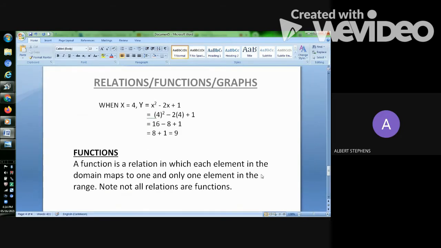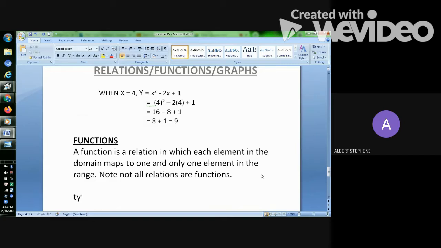All right, so I'm going to explain this, what it means, right? So we're going to look at types of mapping diagram. All right, very interesting.